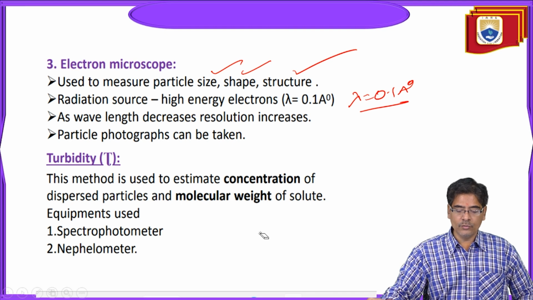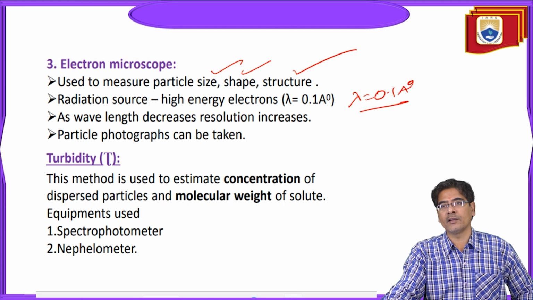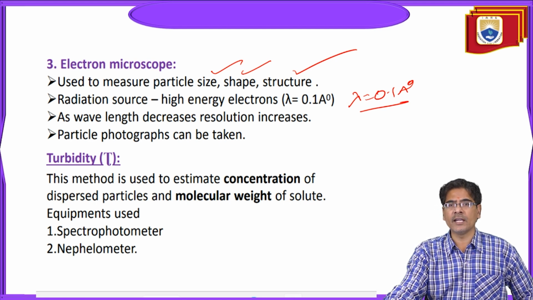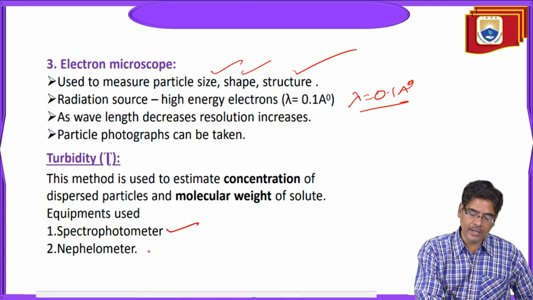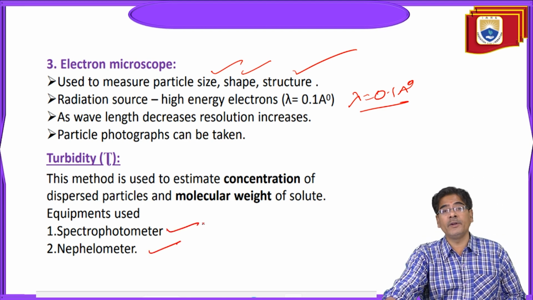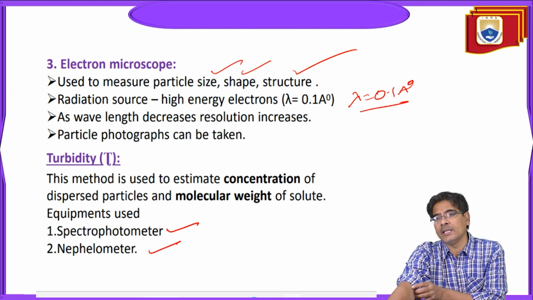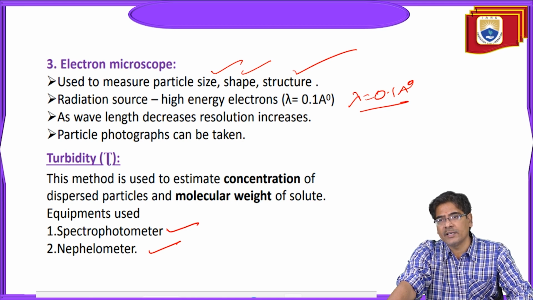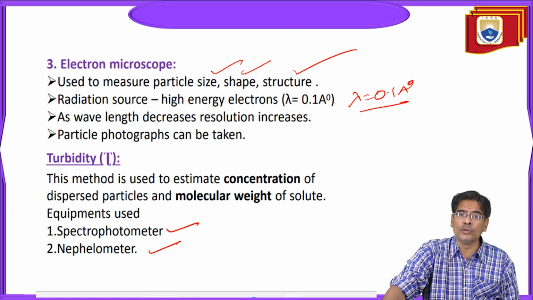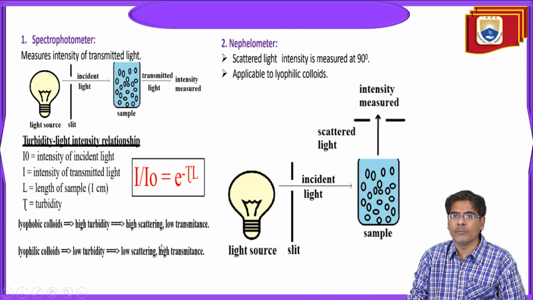This method is used to estimate the concentration of dispersed particles and the molecular weight of the solute. The equipment used here are the spectrophotometer and the nephelometer, the two instruments used to study turbidity.